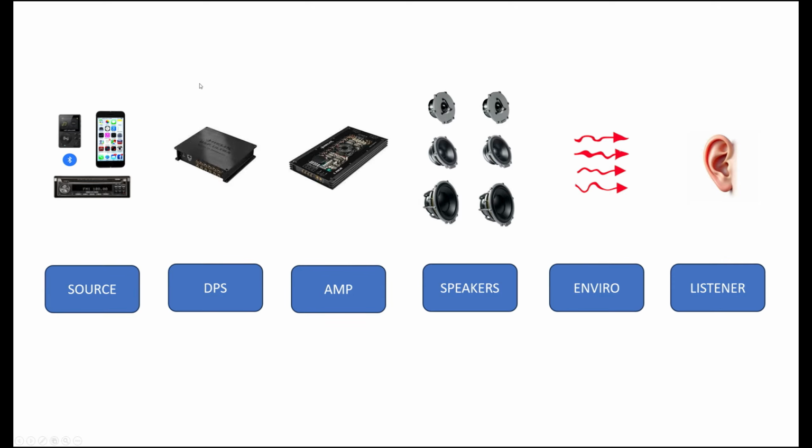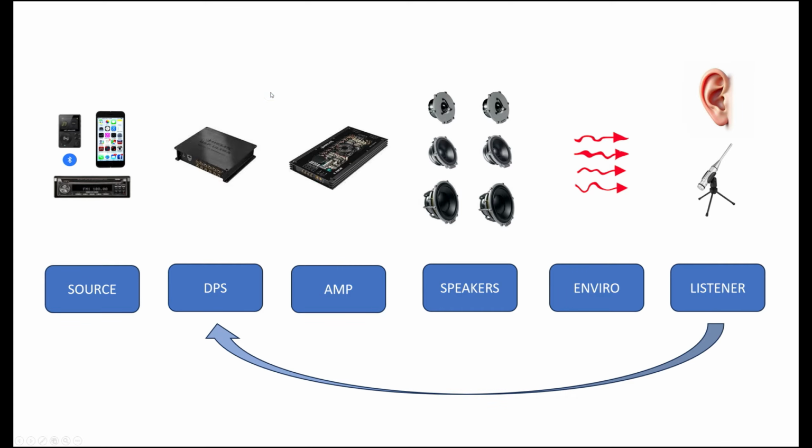So what we're trying to do when we're doing car audio tuning is we're trying to measure, using a microphone, a laptop and the software, the response or the sound signature that's reaching the listening position, and then using those measures to manipulate the signal via the DSP so that we control how the speakers are playing and creating sound, so that we end up with a great sounding soundstage.